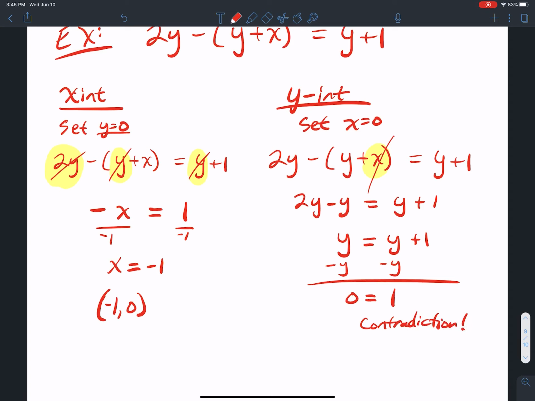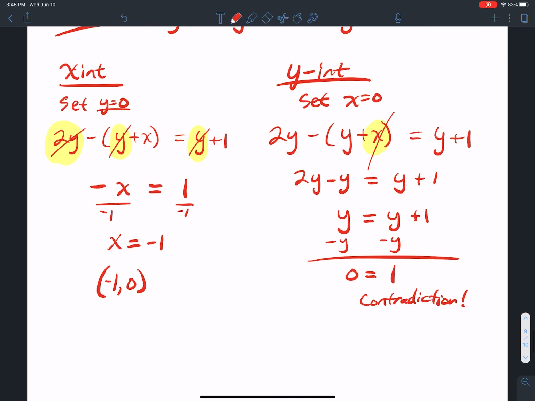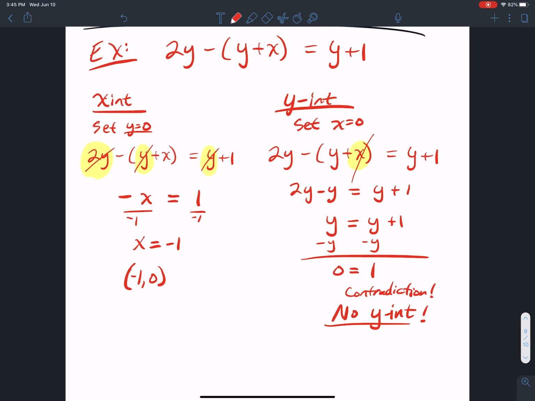Oh my goodness. So what does this tell me? That there is no y-intercept. If you get something that makes no sense, then it probably doesn't make sense, so you can't have it happen. There is no y-intercept for this one. So what does that tell me? Well, I've got the equation of the line, and I have the location of the x-intercept here.